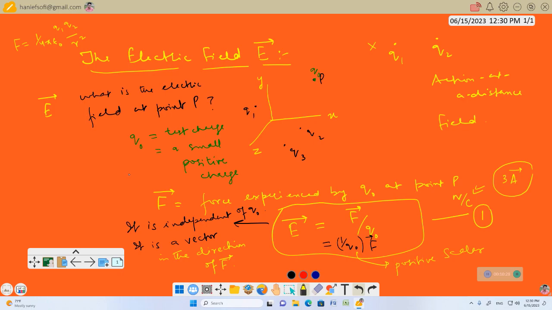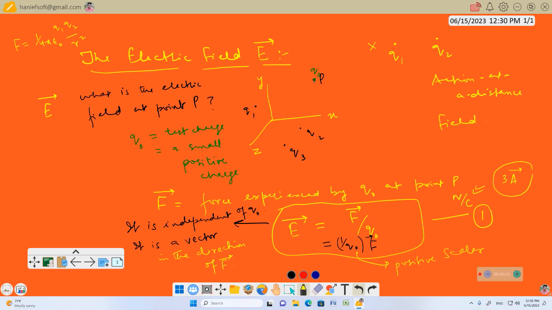You can have the same charge, but if you change this distribution, the electric field in the neighboring or surrounding space will change. So, electric field in the space does not only depend on the amount of the source charge, it also depends on its distribution.